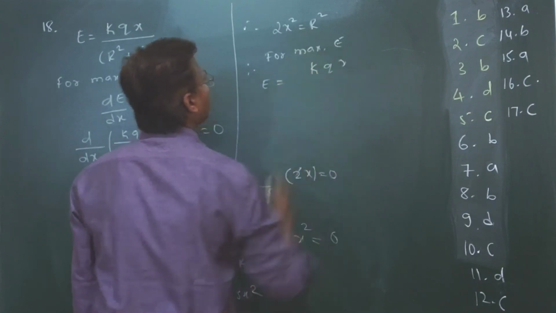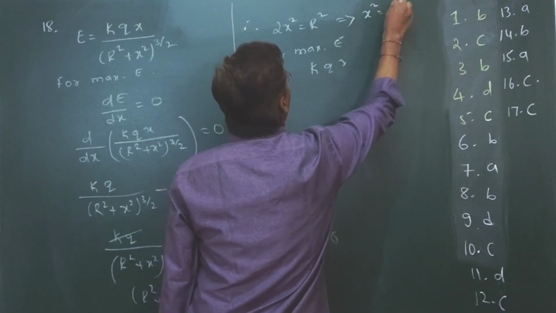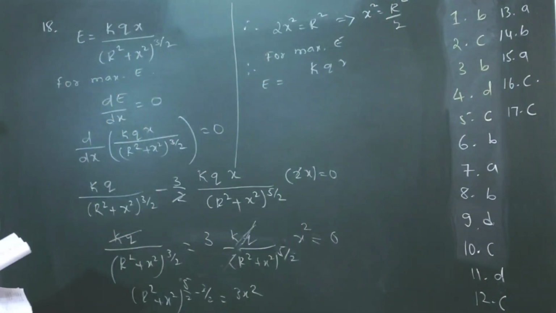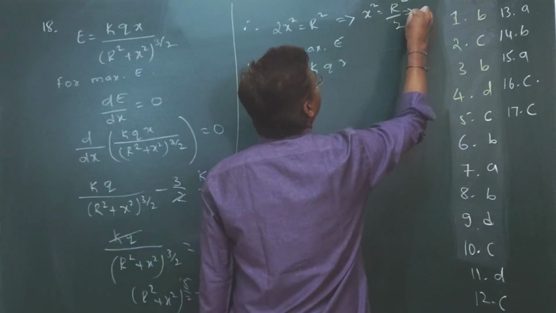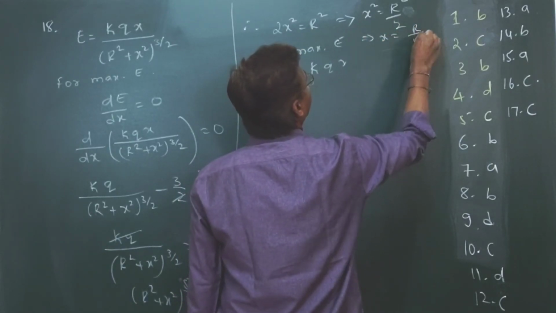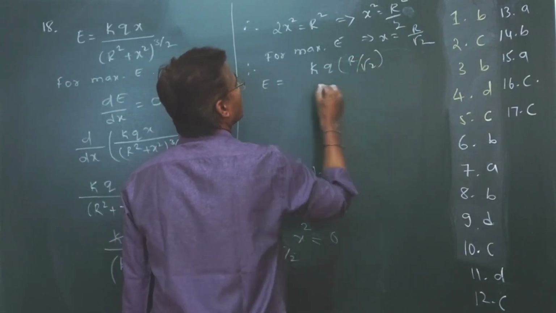Here we got x square equal to R square by 2. Taking the square root, x equals R divided by root 2.